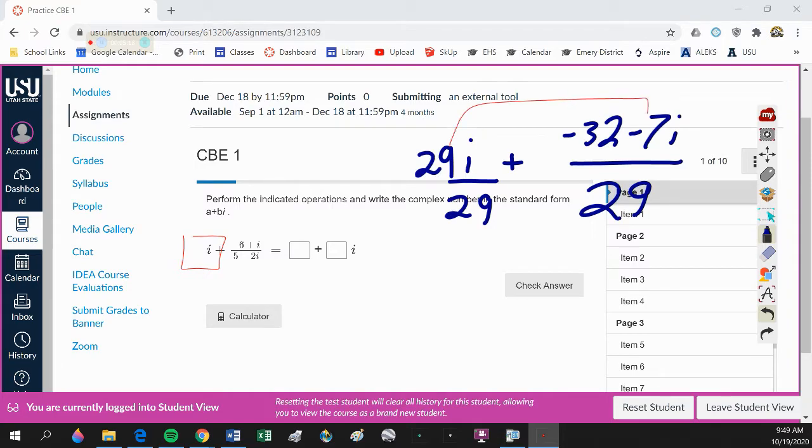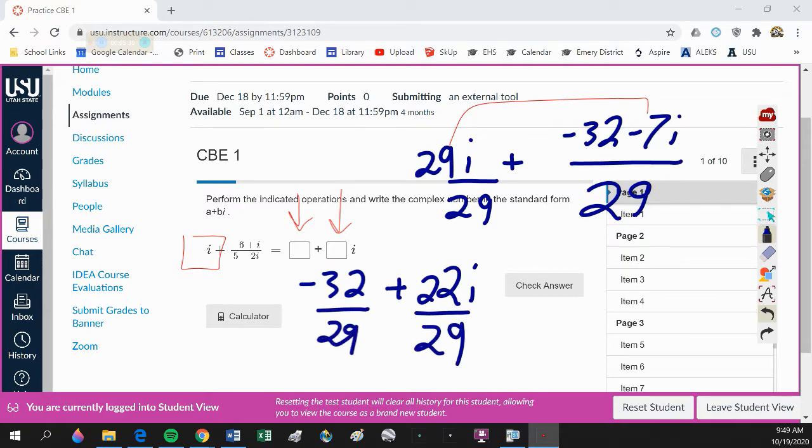These are like terms. So it would be negative 32 plus 22i. And it's all over 29, but you'll notice it wants me to put the real portion separate from the i portion. So both of these are going to be over 29.